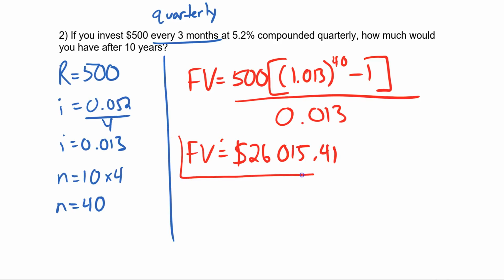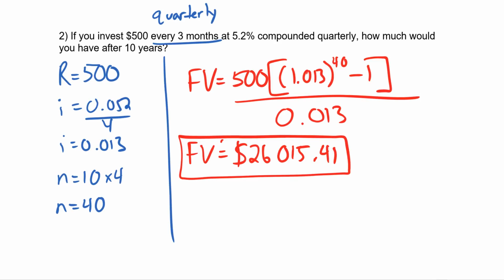Now, here's something interesting. This question doesn't ask for it, but how much interest do we earn along the way? Now, to figure that out, I'm going to use capital I again for interest earned. Just like with simple interest, you have to think of how much money we have actually paid. Now, in total, we end up with $26,015.41. Now, remember that the $500 is our regular payment, but how many times is that happening?